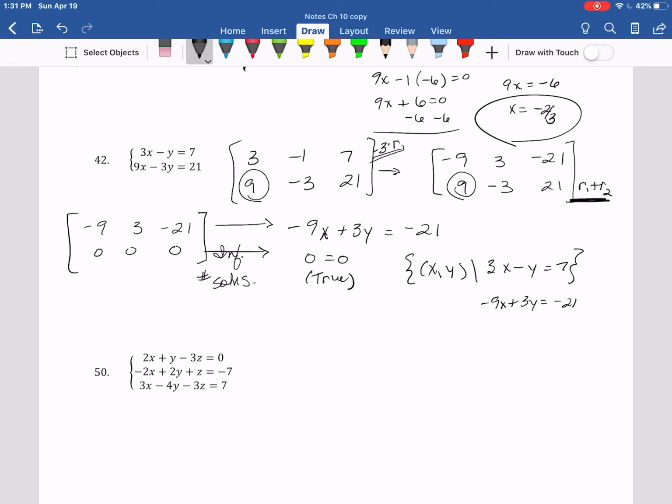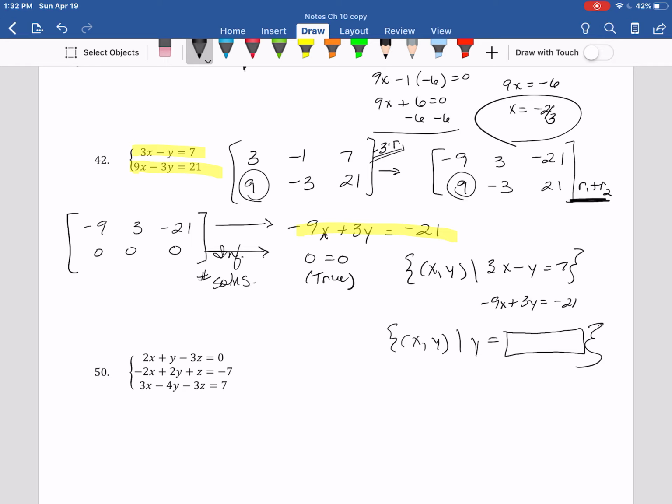It does not matter if you write this as your criteria or back here in the beginning. It does not make any difference how you write your solution set. Now, word of caution here, if MLP gives you a setup where it begins with the set of all x, y, such that y equals, I can't remember what the initial setup is, but if you're given this as your answer blank that you need to fill in, you will need to go back to any of these equations that I've highlighted and solve for y.